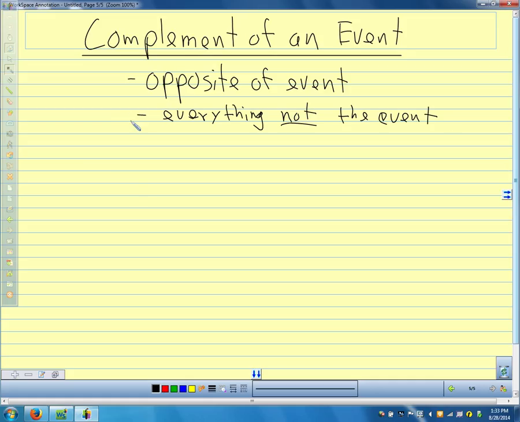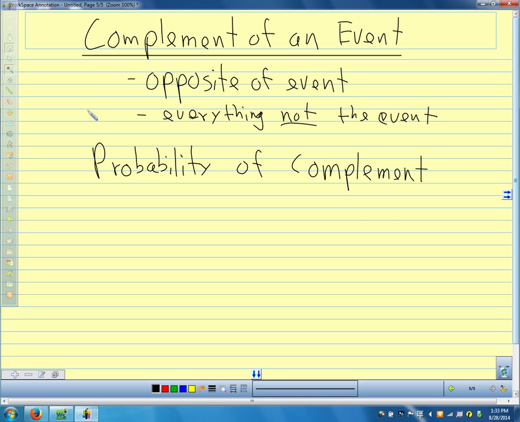The nice thing about a complement, sometimes it's easier to find the probability of the complement than it is to find the probability of the event. So we want to find the probability of the complement. Well, let's think about how this would happen.